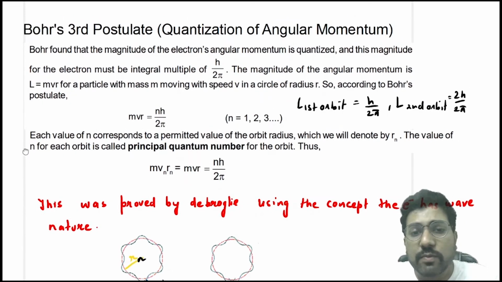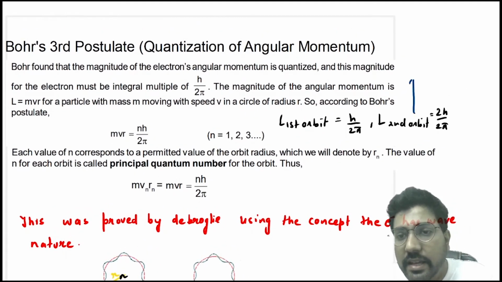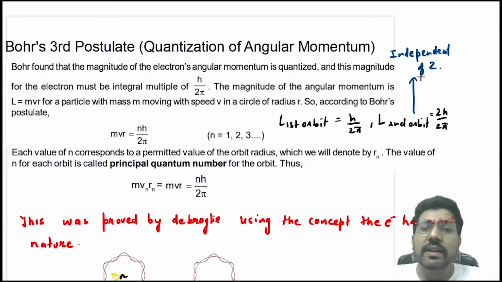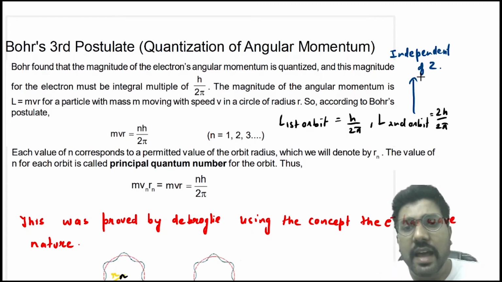But there is one more important thing you should remember: it is independent of z. That means for every hydrogen-like atom, the angular momentum will be the same.